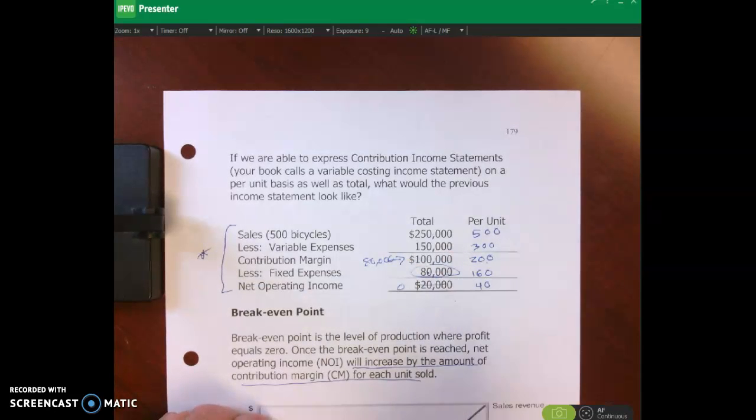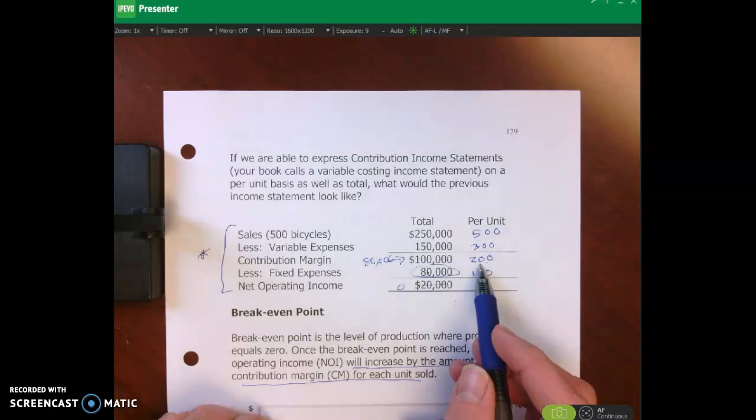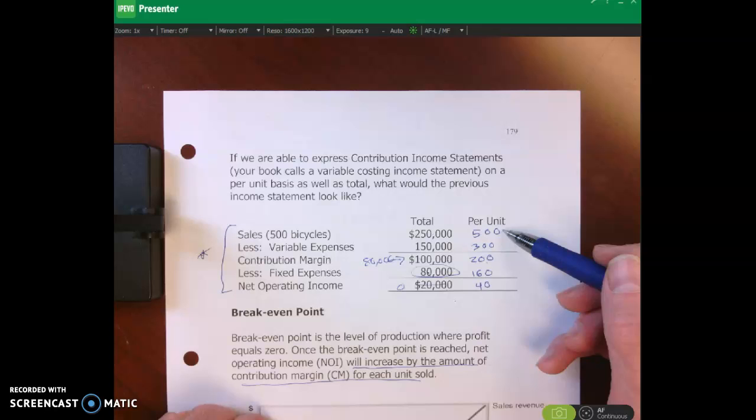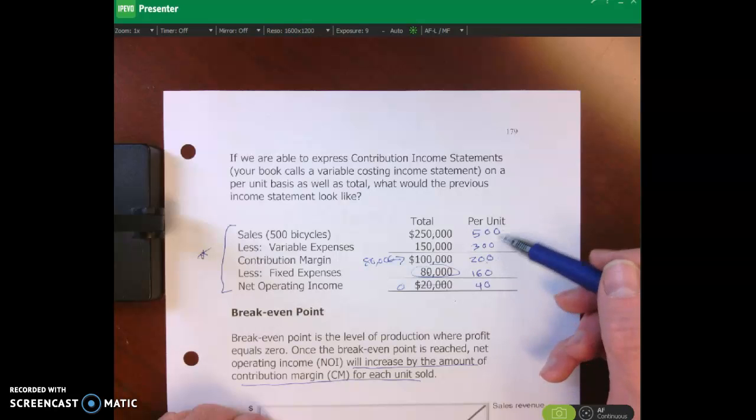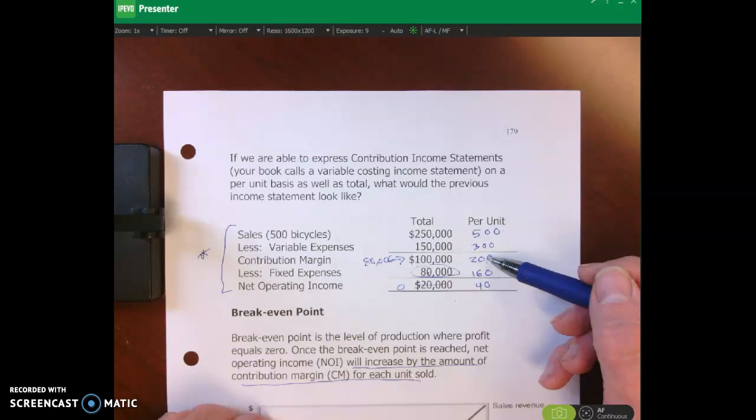Now, what is our contribution margin per unit? It's $200, and that stays the same, because sales price stays the same and variable cost per unit also stays the same. Those two inputs stay the same, therefore contribution margin per unit also stays the same.